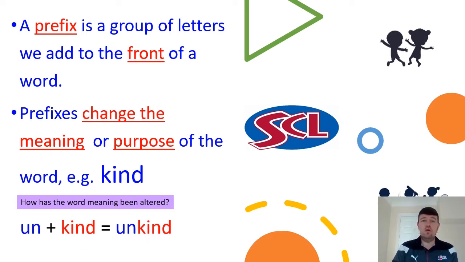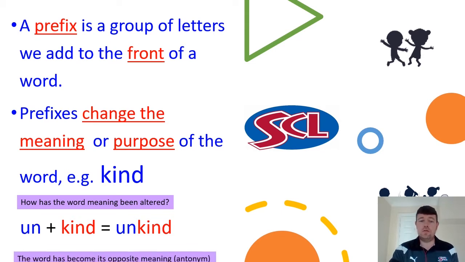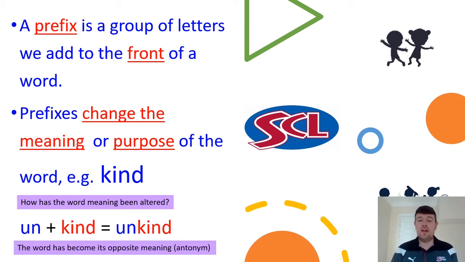So if we put un in front of the word kind, we get the word unkind. So you can see how the whole meaning of that word has been changed just by adding those two little letters. Now, when that happens, we call this an antonym. So when the word has changed its meaning, that is known as an antonym.